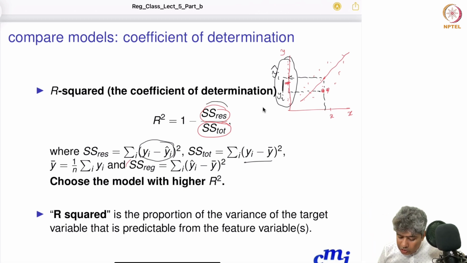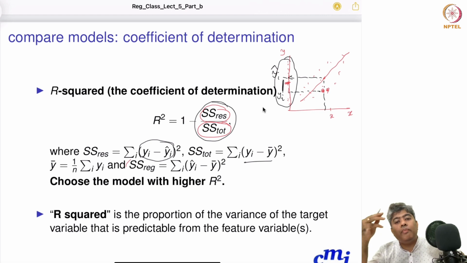Now you are taking the ratio of the two. So this gives you a sense of how much variability my model cannot explain with respect to the total variability. Then if you subtract that from 1, this must be a value between 0 and 1, and that gives you how much variability of the response my model can explain.